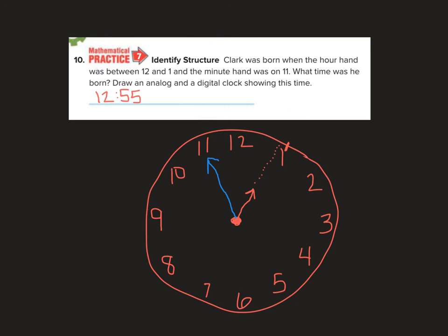This shows 12:55 because the hour hand is between 12 o'clock and 1 o'clock. Really close to 1 o'clock because it's only 5 minutes until it's going to hit 1 o'clock. Okay, and so when that blue hand goes up to the 12, then that hour hand's going to be right here at the 1 o'clock mark. So I'd probably even have to be closer than that, but we'll just call that good.